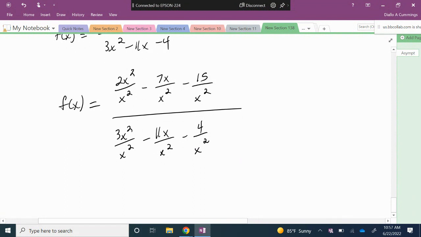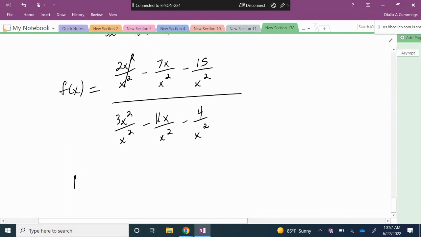So if we look in the numerator, 2x squared divided by x squared, the x squared cancels and we get 2 nicely. So that's a 2. 7x over x squared reduces to 0. Negative 15 over x squared also reduces to 0, because it doesn't reduce nicely to a number.